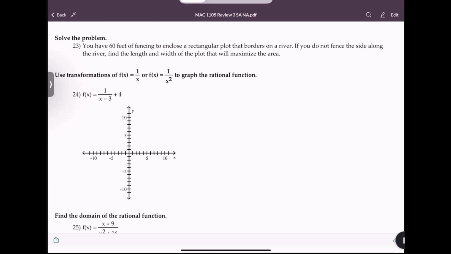So if your W is 15 and L is 15, how much fencing do you have left? You have 60. So you got 30 feet of fencing left, right? So this is a square. No. Definitely not a square. 30. It's okay.